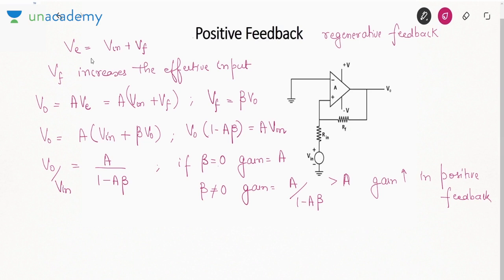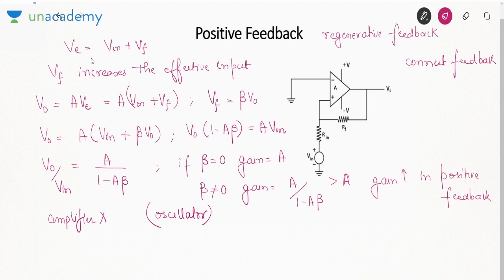So that is why it cannot be used as an amplifier, but it is used as an oscillator. So positive feedback is used in oscillator applications because we have not stabilized the value of gain. Now how to implement positive feedback is connect feedback.